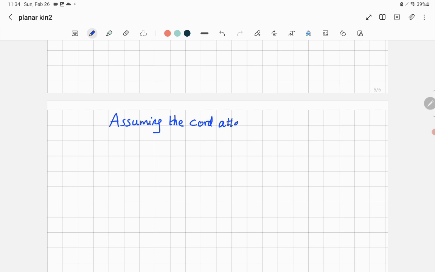attached to pulley D, we will assume two important things. Inextensible, it means it's not like a rubber that will be extended.